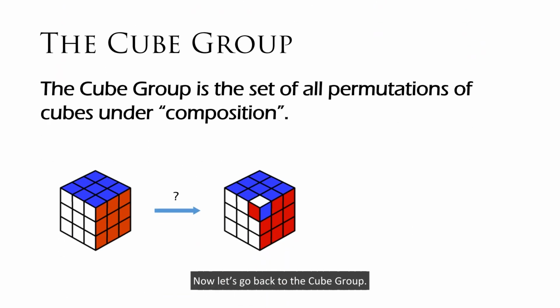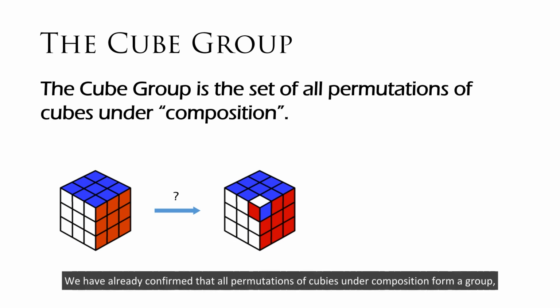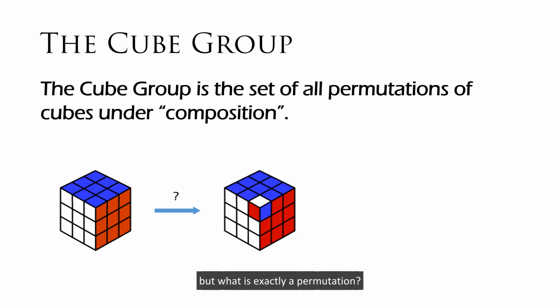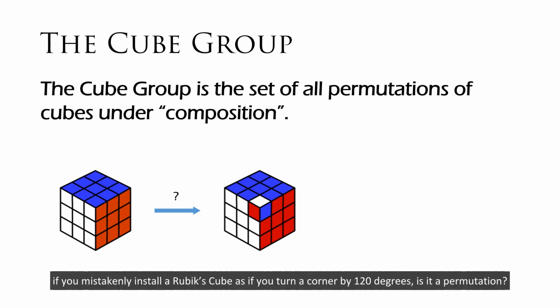Now let's go back to the cube group. We have already confirmed that all permutations of cubies under composition form a group, but what exactly is a permutation? Consider the following example. If you mistakenly install the Rubik's Cube as if you turned a corner by 120 degrees, is it a permutation? Can this pattern go back to case 0 without turning the corner back by some simple operations?